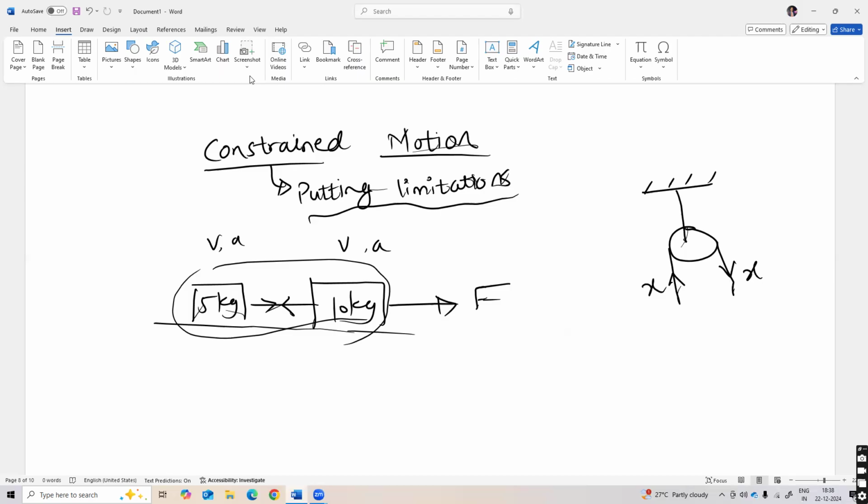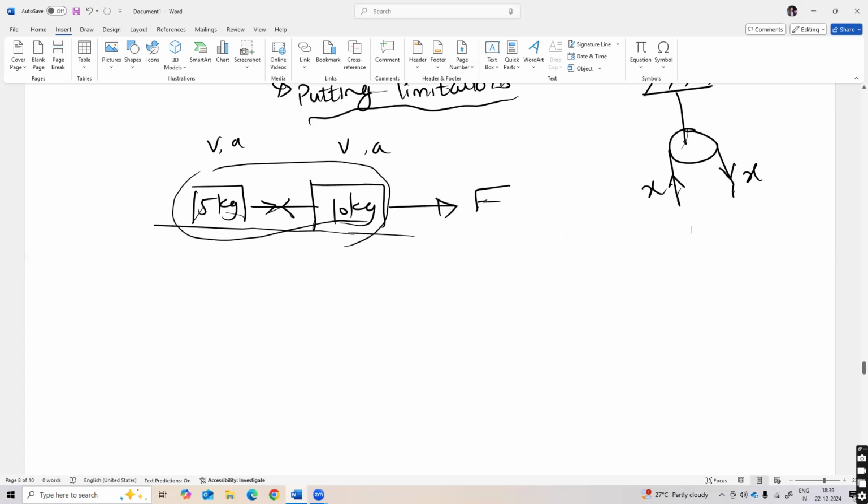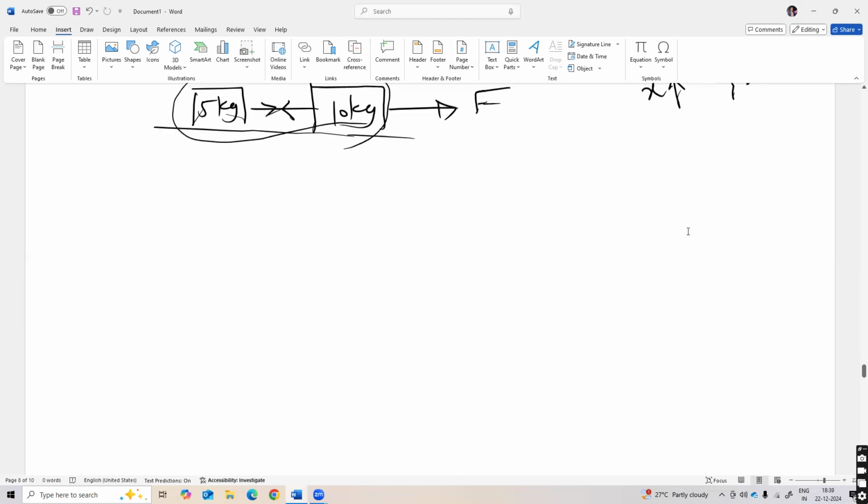If the left hand side of this rope moves by distance x in the upward direction, then the right hand side of the rope has to move in the downward direction by distance x. So this is basically a kind of constrained motion. So if we fix one parameter, the other gets automatically fixed. That is by means of putting a limitation on the other one. It is not independent.